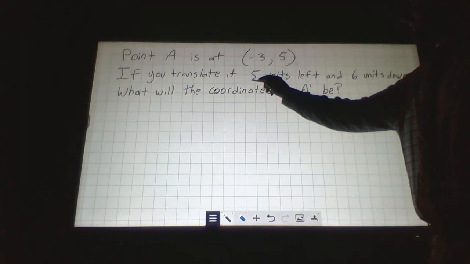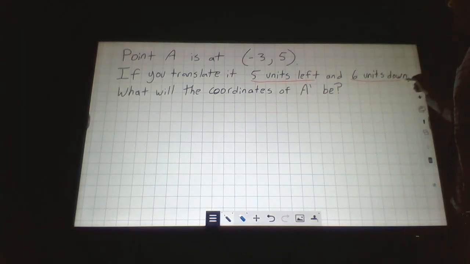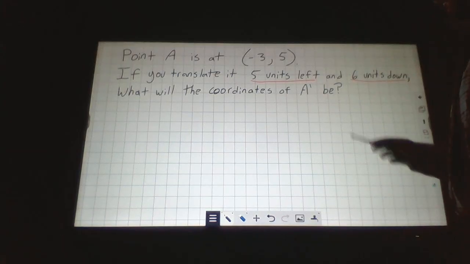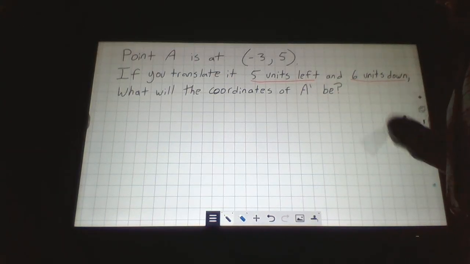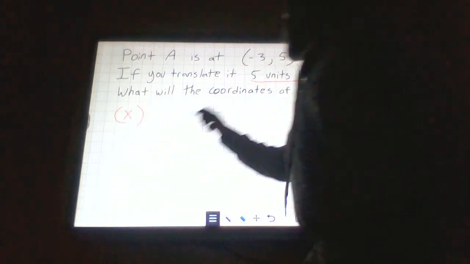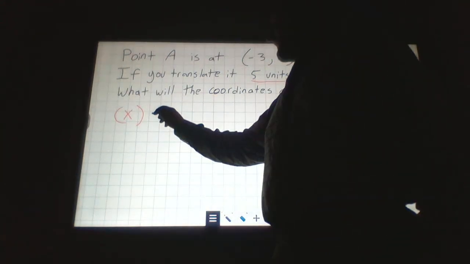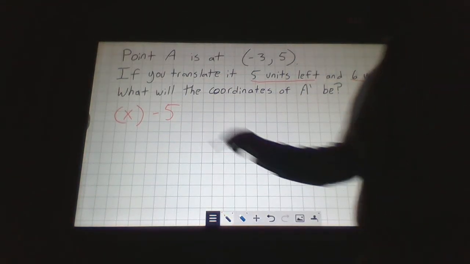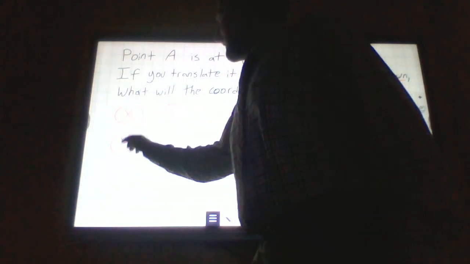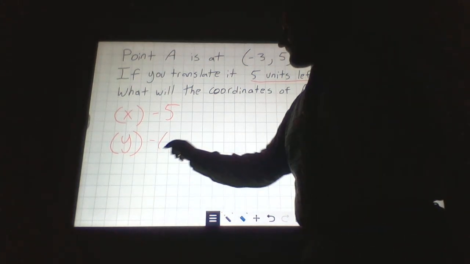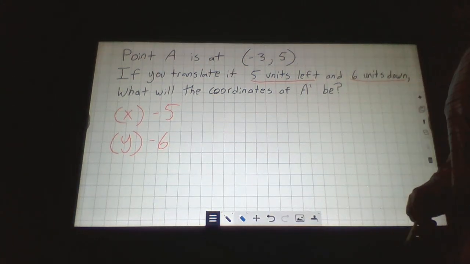As we talked about earlier, we can talk about translations as changes in the x value and the y value. So in this case, 5 units to the left, well, that is the x value going down by 5. 6 units down is the y value going down by 6.